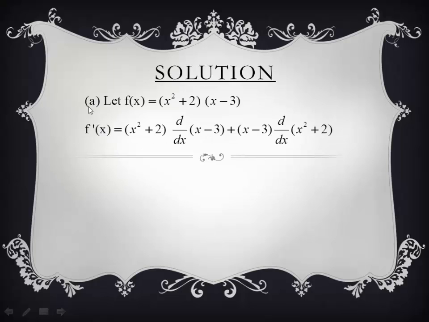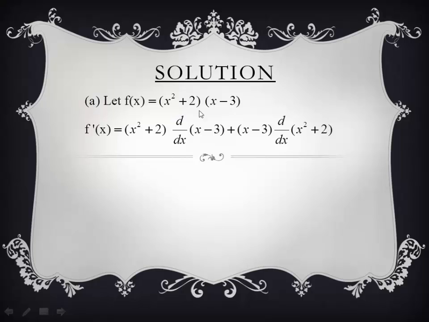For part A, we first let f(x) be equal to (x squared plus 2) times (x minus 3). We identify the first expression as f(x) and the second expression behind as g(x).